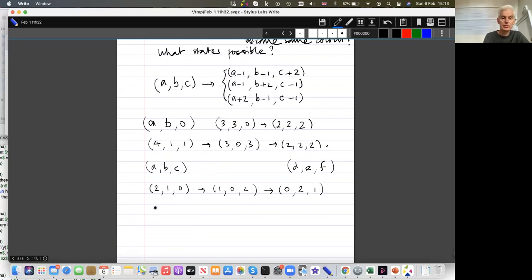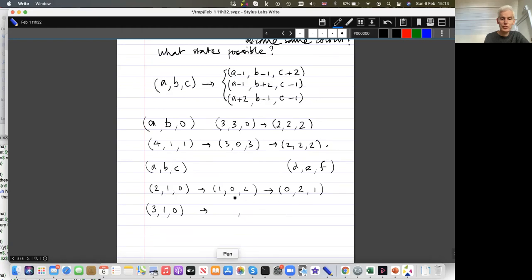And one last thing, so let's look at 3, 1, 0. Can I get to 0, 4, 0? I probably can get to 0, 4, 0, and then I'd be stuck. What would I do? I would just try that.